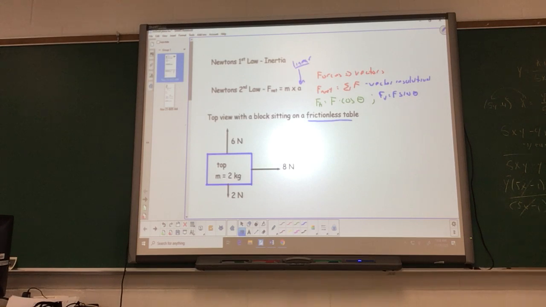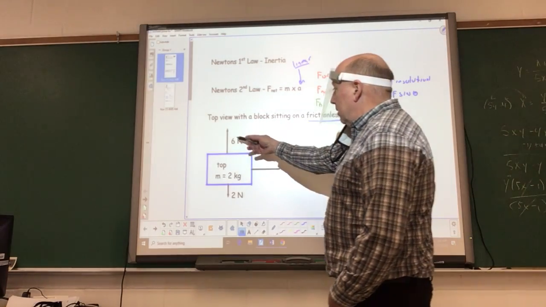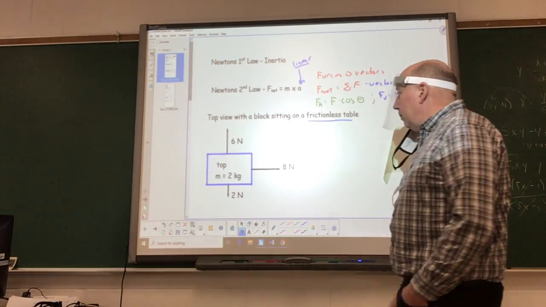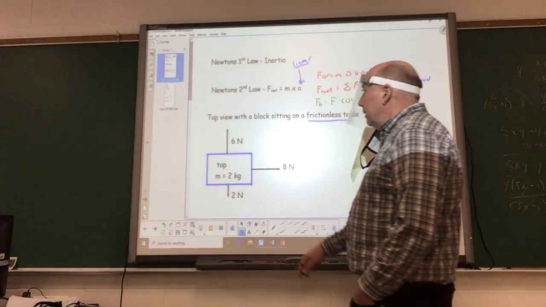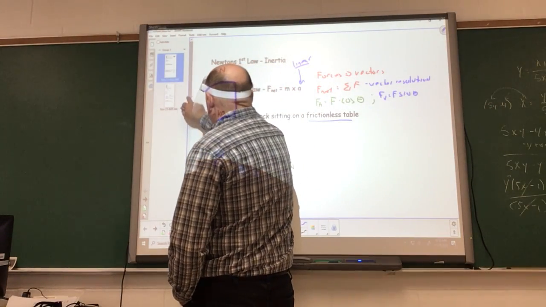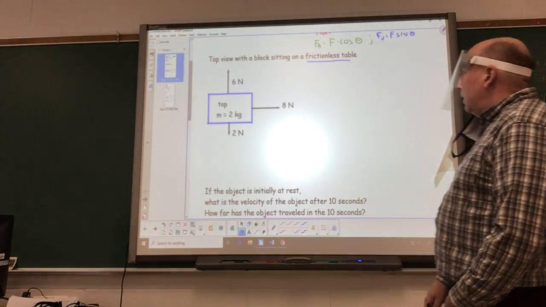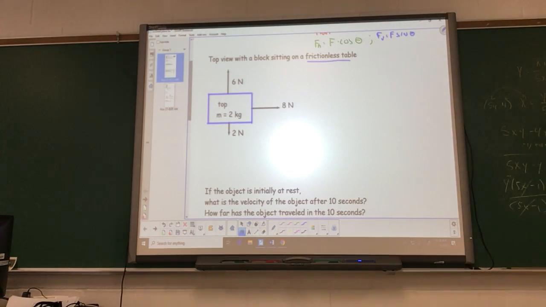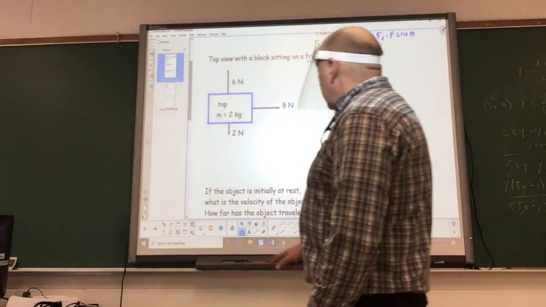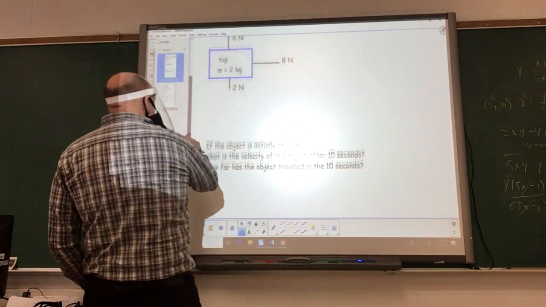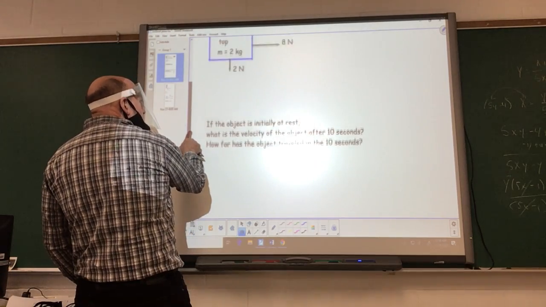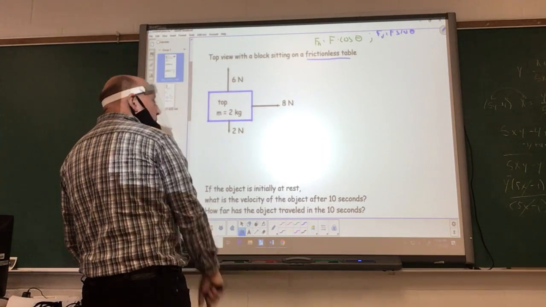We have a top view of an object on a frictionless table. We have 8 newtons going this way, 6 newtons going this way, 2 newtons going this way. If the object is initially at rest, what is the velocity of the object after 10 seconds? How far did the object travel?